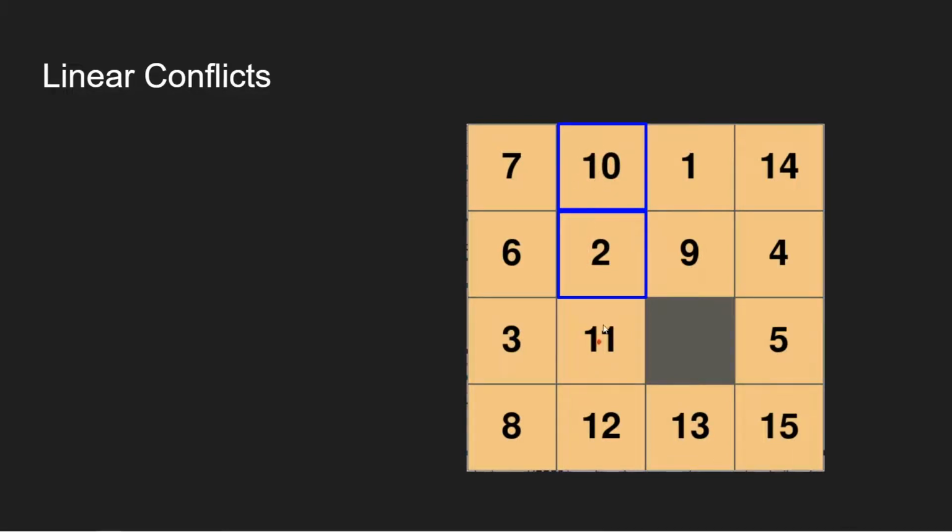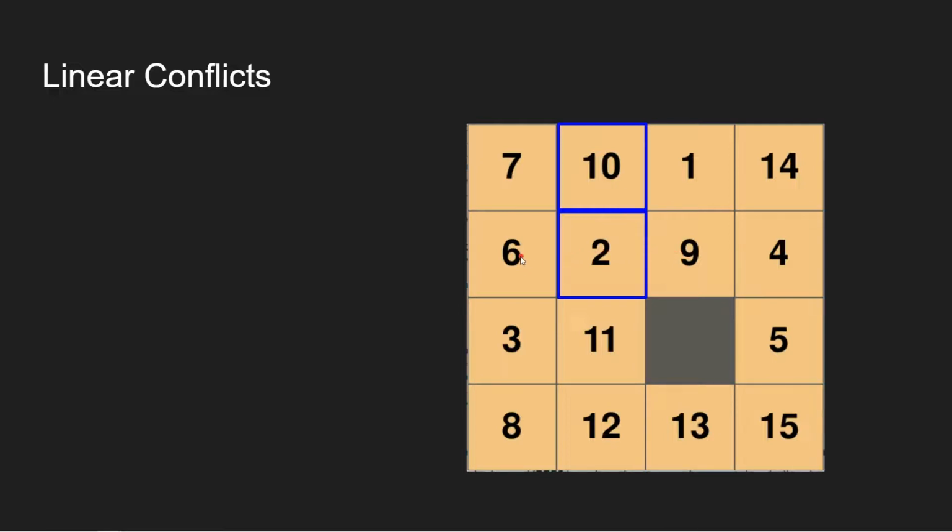Using Manhattan distance, it looks like 2 is only 1 space away from its destination, and 10 is only 2 spaces away. However, we know 2 would have to slide over so that 10 can go down, and then 2 can slide back. Or vice versa, some way these tiles need to get around each other. So that would take 2 extra moves.